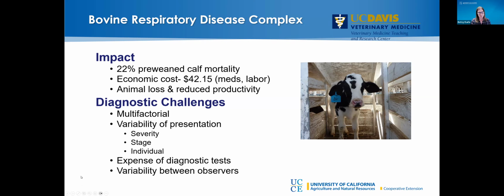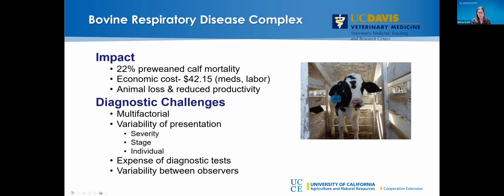It does come with lots of diagnostic challenges. It's a multifactorial disease, can be caused by virus, bacteria, and environmental factors, and can present in a variety of ways, with a wide range of severity. The different stages of the illness can look very different, and individual calves are going to present really differently as well. Diagnostic tests are a bit challenging.